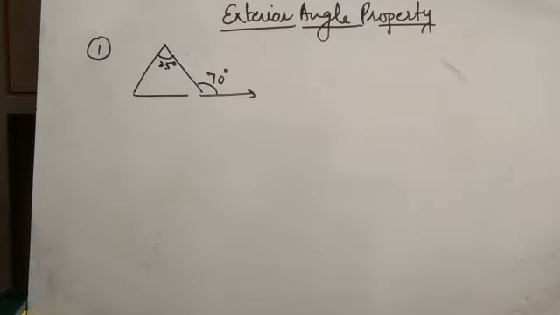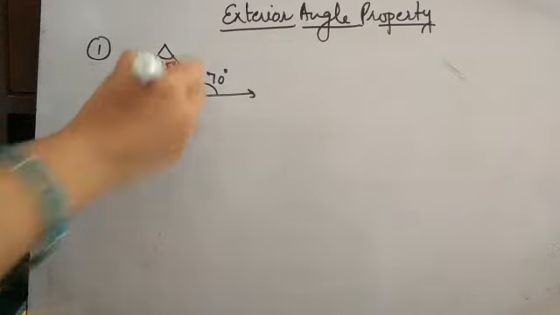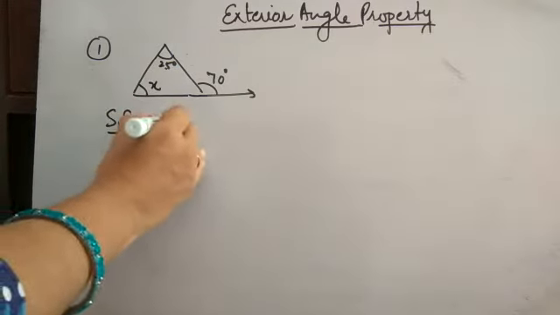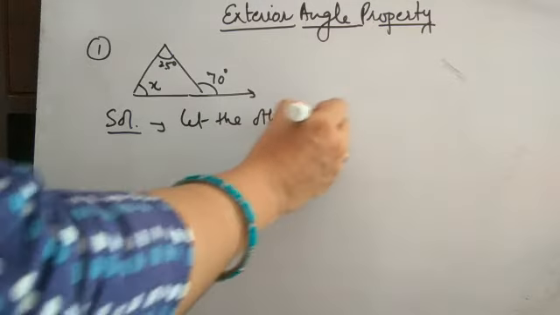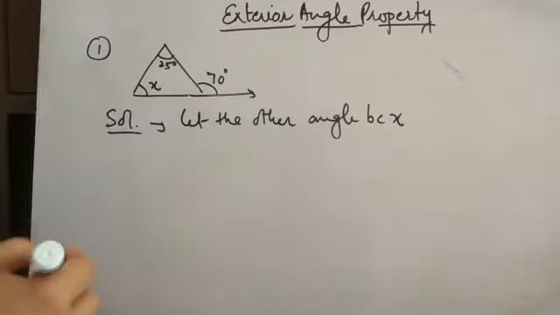Find the measure of the other. So this is the other one. Let this be x. Solution: let the other angle be x.